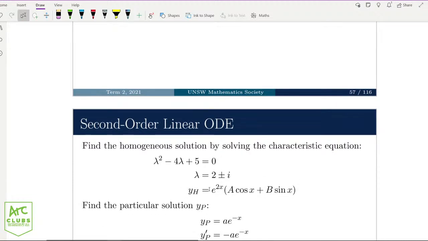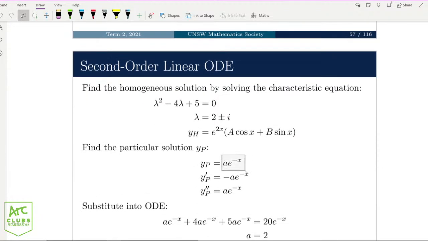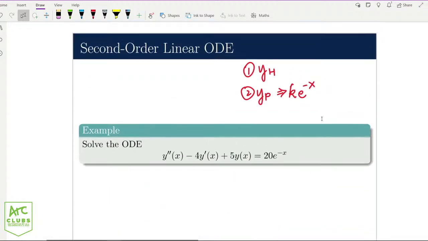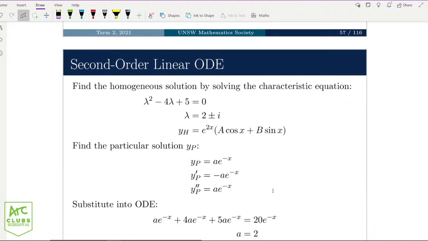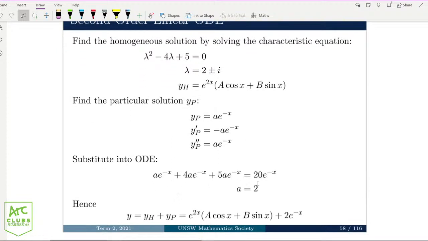Now the second step is to find the particular solution. In this case, as you can see, our guess for the particular solution is just a e to the negative x, which we talked about over here. Then we differentiate it once, and twice, to get the derivatives. Once we've substituted all of these back into our ODE, we can cancel out these terms to realize that our constant a is equal to 2.